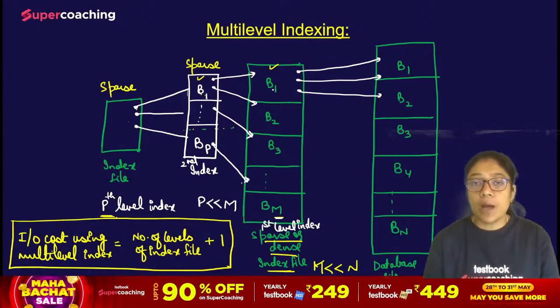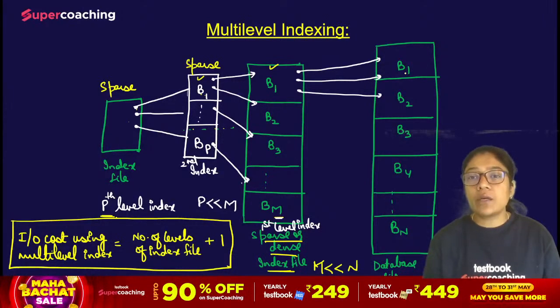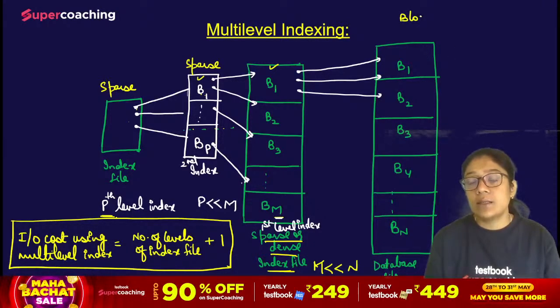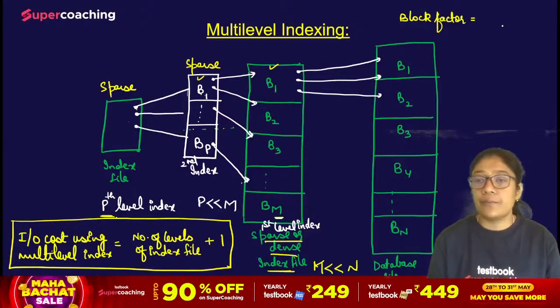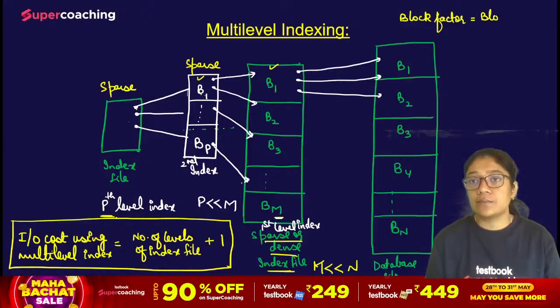Now, if we talk about the various parameters, already we have discussed that the blocking factor of the first level index file will be greater than the blocking factor of the database file, because block factor is nothing but the block size divided by the record size.